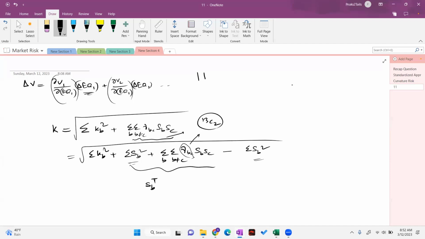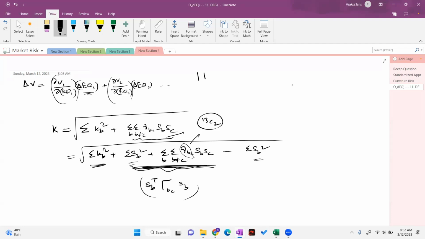The reason I had the correlation for inter bucket and not intra bucket is that for inter bucket the dimension is 13. It'll be a 13 by 13 matrix, which I know. But when we are doing intra bucket, in the bucket there are 20 risk factors, and for every row you would have to calculate a correlation. So that's why I didn't do it. Here it is 13 by 13. So let me write this as gamma BC. That's a 13 by 13 matrix, depending on the scenario, and SB. This simple matrix multiplication will give me this part.